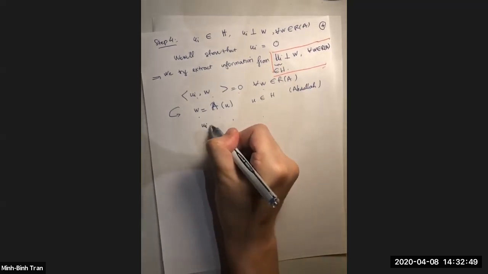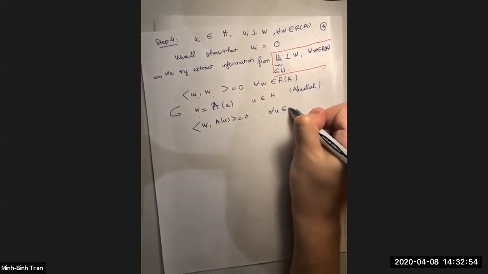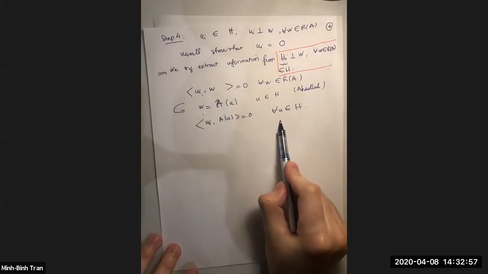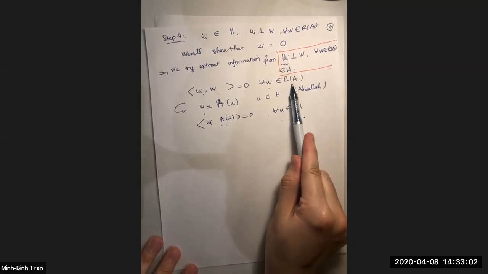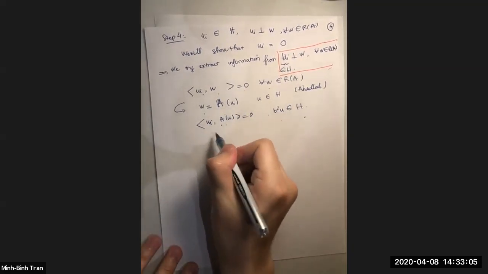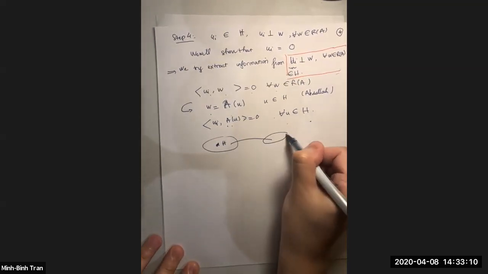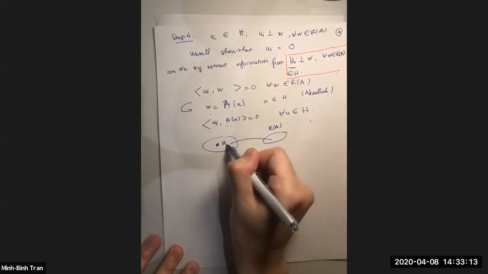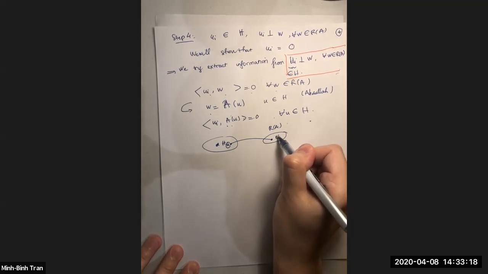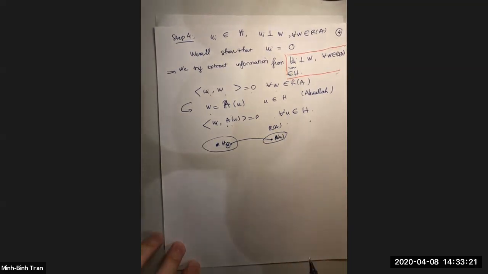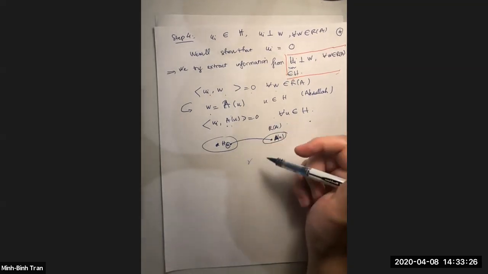Which means that the inner product of U_i with A of U is going to be 0 for all of the U in H, right? Because if you pick a U in H, you get AU. AU will be a member of the range of A, right? So what is the range of A? This is H, this is the range of A. So you map a U from H into an AU, which is in the range of A. So the range of A will be the set of all of the AU with U being in H, right?